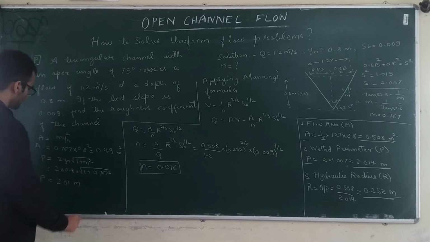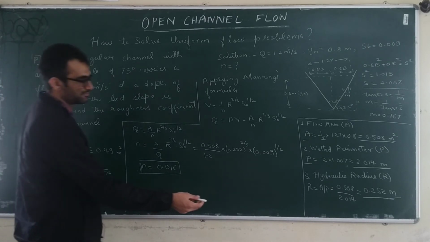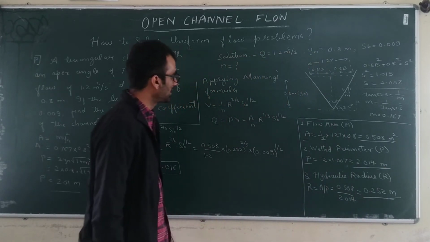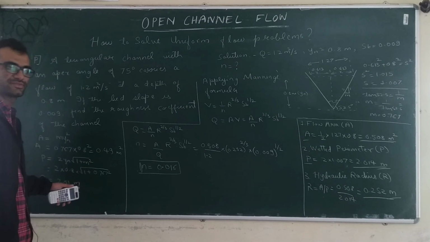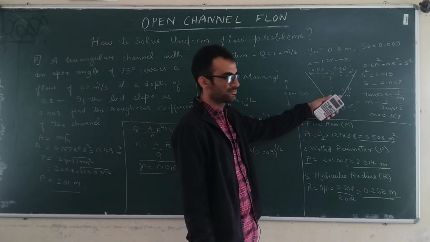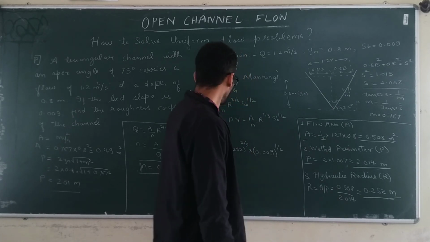Same thing, the perimeter here we calculated as 2.014. So you can either go for the formulas which you remember, or you can calculate looking at the problem using trigonometry. It's your choice.